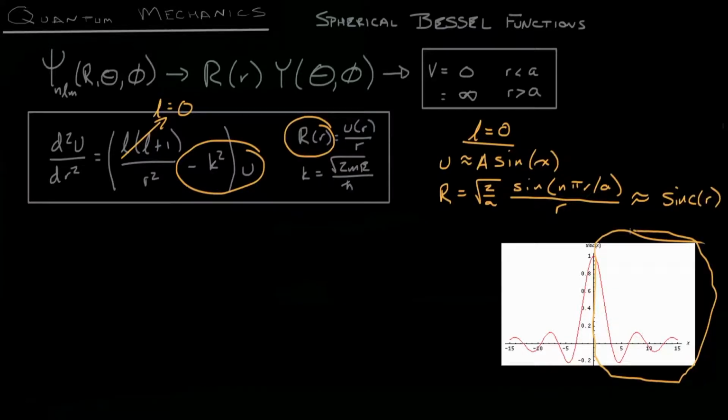So this gives us a basic feel of the probability density as a function of radius for L equals 0. In other words, there's no angular momentum component in 3 dimensions, and you can see that really the bulk of what we're looking for is right here at 0, and then it decreases rapidly as we move away from the origin.